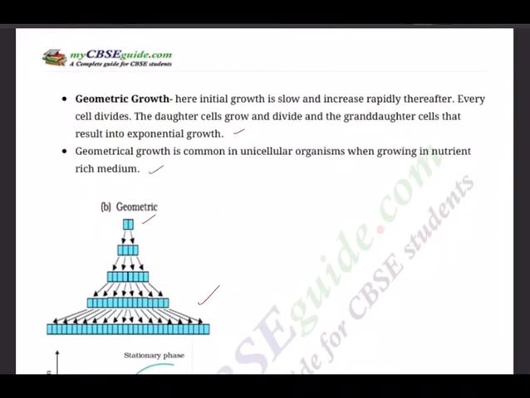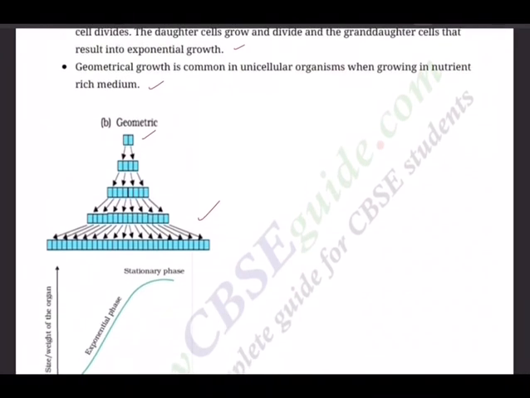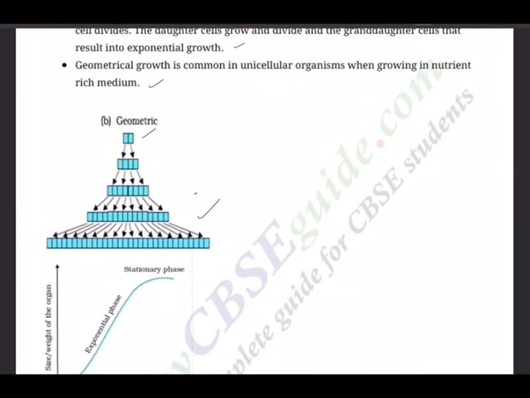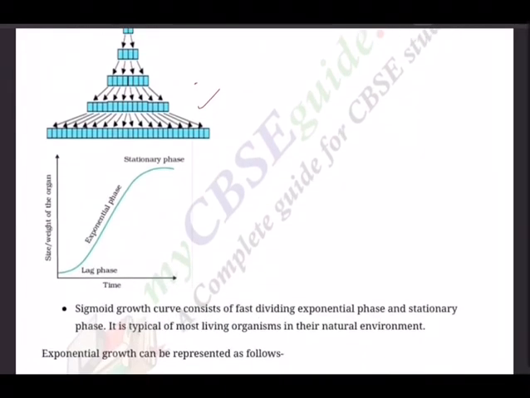So geometrical growth is common in unicellular organisms when growing in nutrient-rich medium, but the condition is there should be good nutrition. So geometric rate will be in this fashion, whereas exponential phase, look at that, exponential growth, and it's forming an S curve. We call it sigmoid curve.